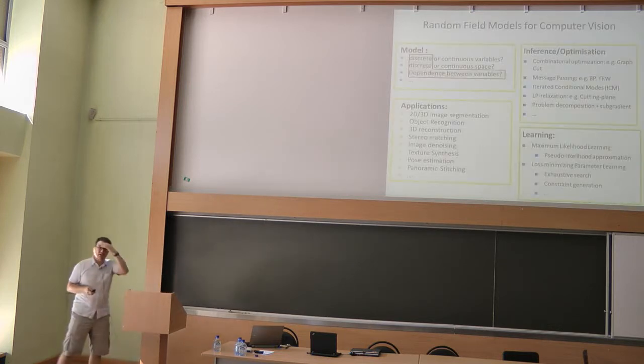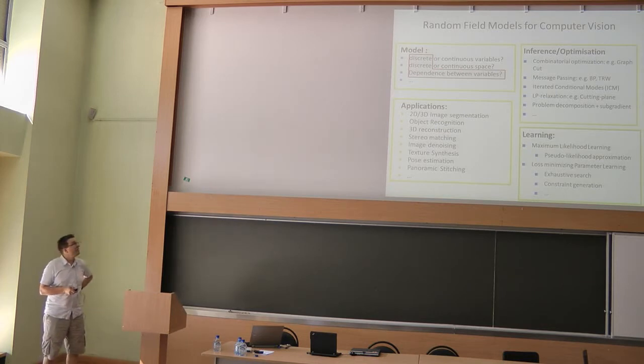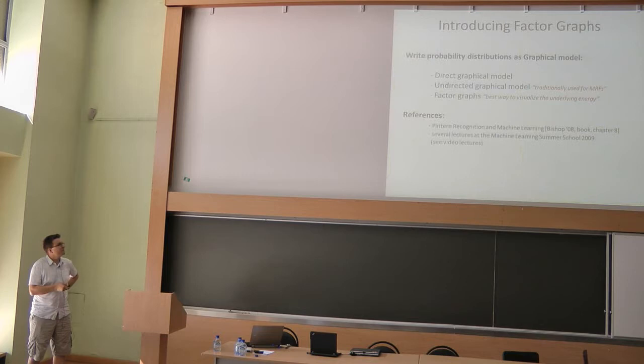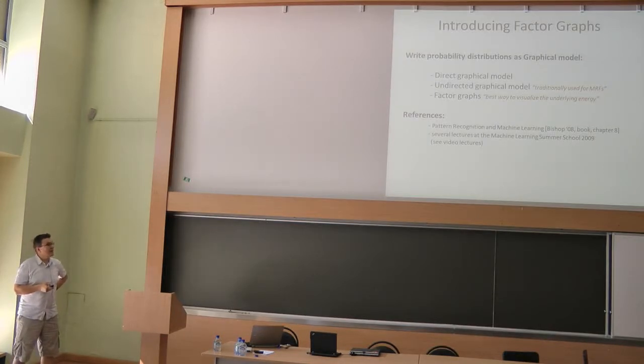Okay, so let's go back to the main part. We had this overview with models, application, inference, and optimization and learning. So I very briefly introduce what's very useful when you describe energies or probability distributions. They're called factor graphs. Graphical models are a very popular tool in machine learning.